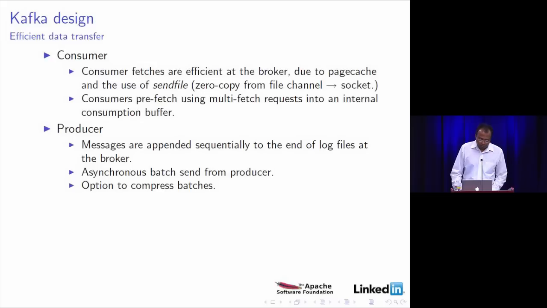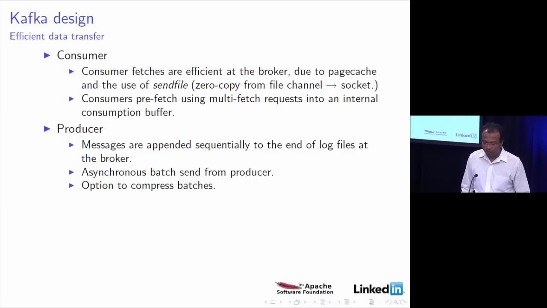And that is good because consumer fetches become efficient, mainly due to the use of the page cache in the OS, and also because the messages are checksummed. They can be verified independently at the consumer. So all we have to do at the broker, when it receives a fetch request, is just read from the file and directly transfer it to the socket without any intermediate buffering in the application.